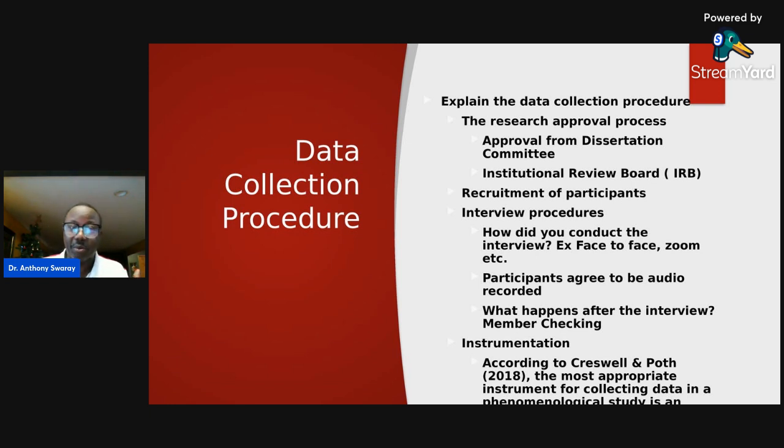For your research to be credible, one thing you need to do is to perform member checking. Member checking is the process by which you take a transcript after you have converted your audio to transcripts. You clean it up and read through it, and then send it back to the participant and say, can you please look at the transcript and read through it, to see whether everything I captured is what you said.